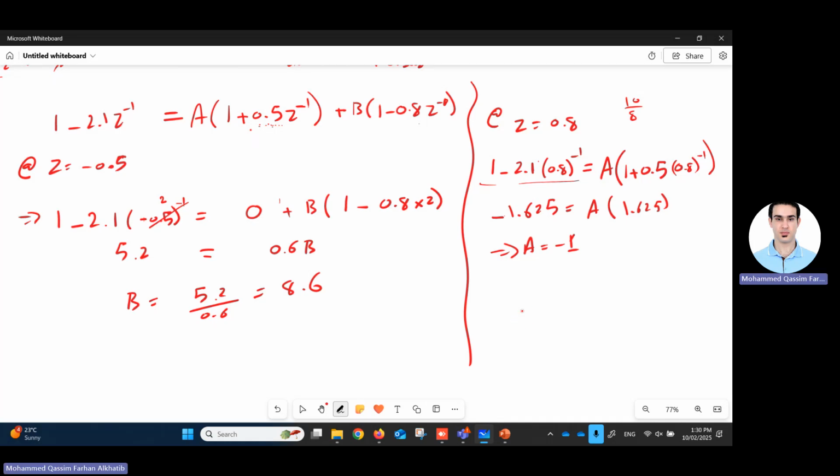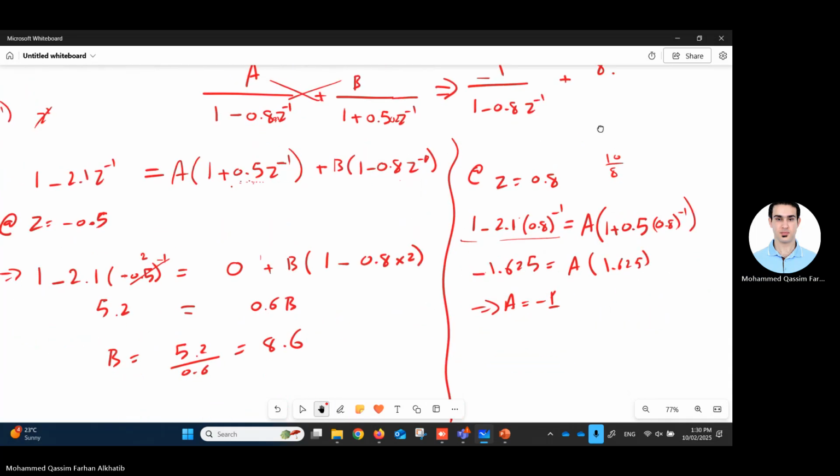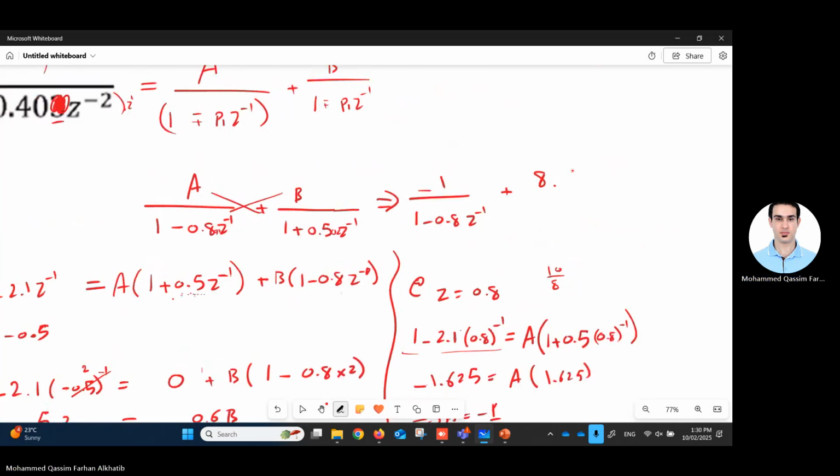All right. So in this case, go back to my original function. I will have negative 1 over (1 minus 0.8 z negative 1) plus 8.6 over (1 plus 0.5 z negative 1). So to apply the inverse, this one will be negative 0.8 to the power n u[n], right?